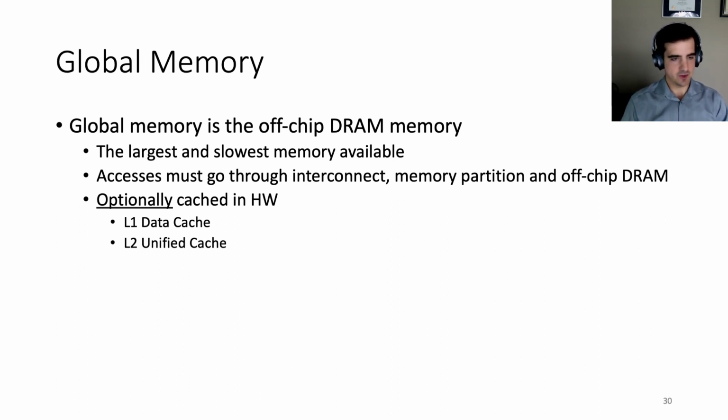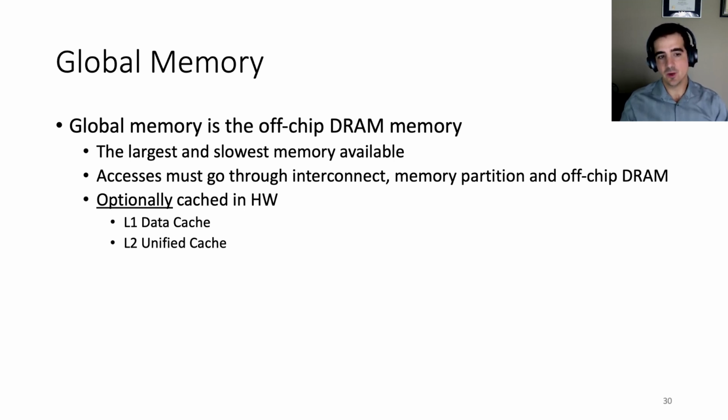You can cache this. In modern GPUs, there is an L1 data cache and an L2 unified cache. There's also an L1 instruction cache that's modeled in the simulator. I didn't talk about that much because the hit rate there is usually very, very high. But the L1 data cache, you can turn it on or off in the simulator if you want. Modern GPUs do keep this on, so the default configuration for the Volta machine that you have access to will have the data cache on.